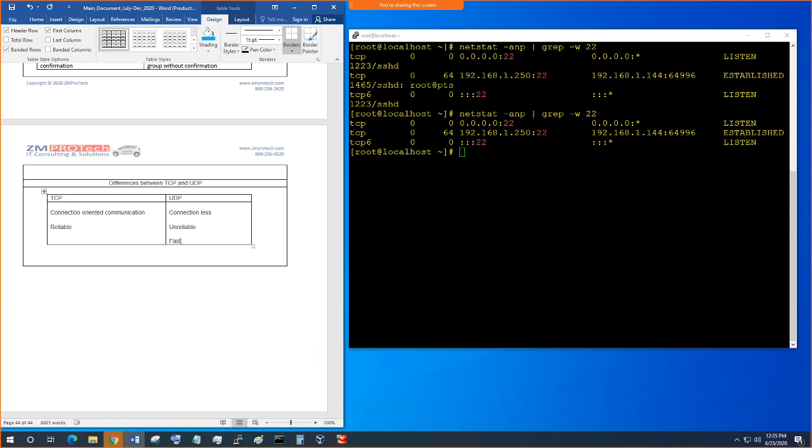Why is it fast? Because it doesn't have to be waiting for the connection information and all that. It's not going back and forth before establishing a connection. And TCP is slow. I mean, these are all fast, but if you compare between both of them, UDP is much faster.